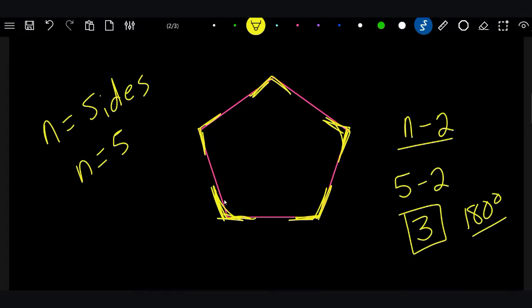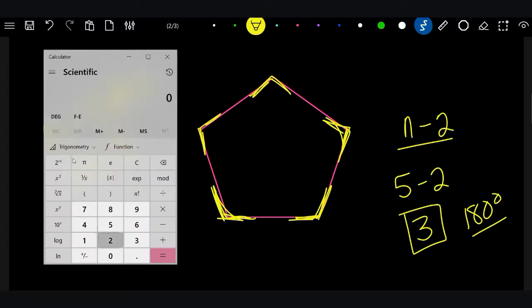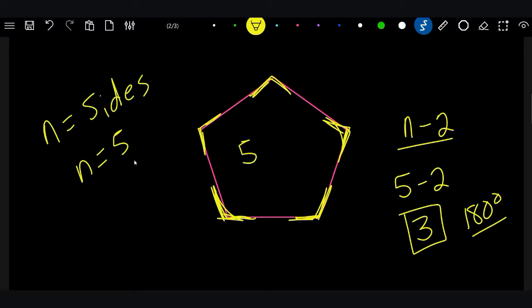Or if I take out my calculator, I would end up with 3 times 180, and that would give me 540. So there are 540 degrees in these angles total. If you add all those up, it's going to equal that.